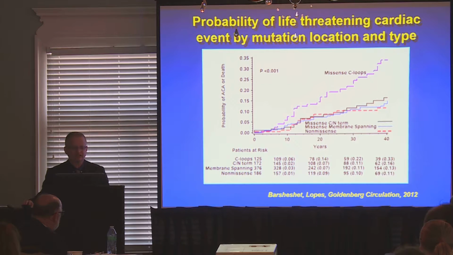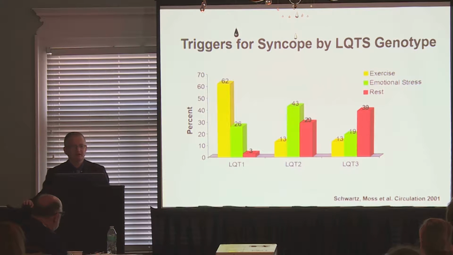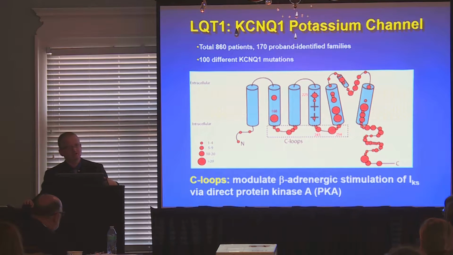Their risk of sudden cardiac death between birth and the age of 40 without beta blockers is 30%, as opposed to less than 10% of those who have mutation in the C-terminus or other regions of the ion channel. So it's not only the genotype, it's also where the mutation is located across the ion channel.